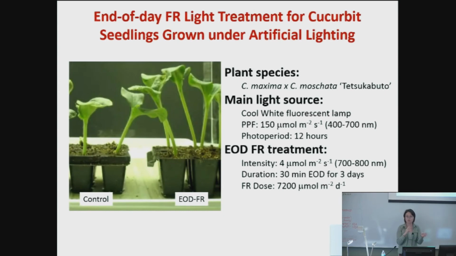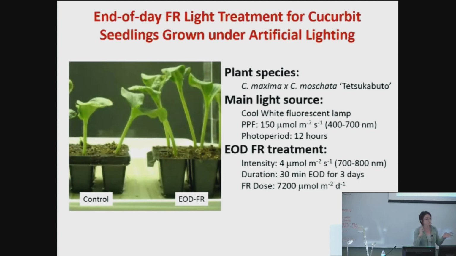There are two objectives, and it's very difficult to manipulate stretch with growth regulators like gibberellic acid, because you can't stop the reaction once you use a chemical growth regulator. It can stretch, but you can't stop the reaction at a certain time. Light quality is a great tool because you can initiate when you want and stop when you want.